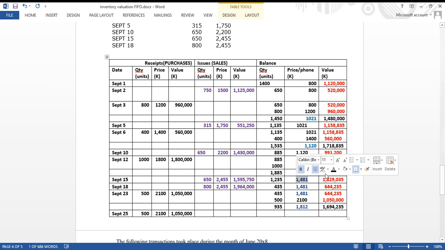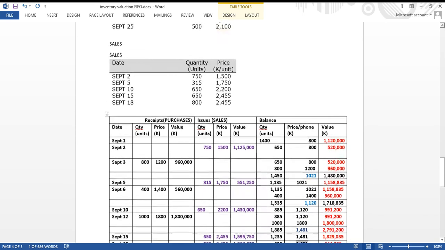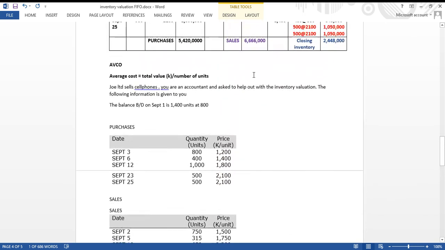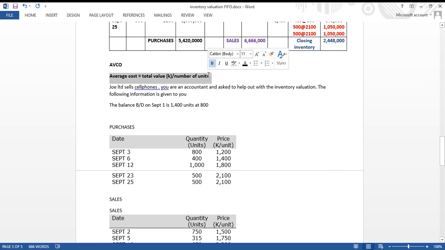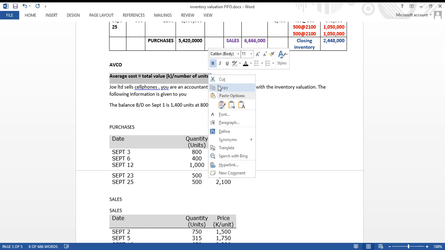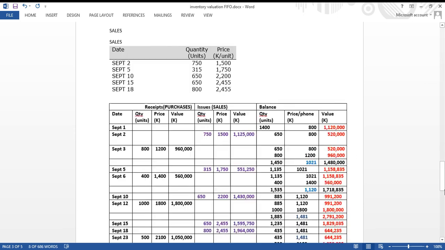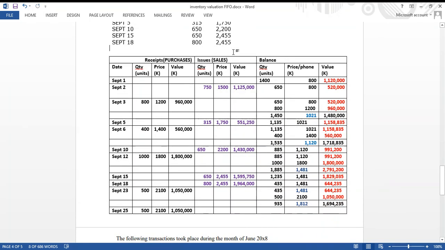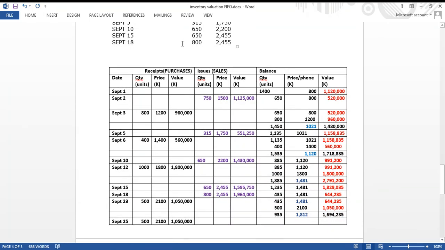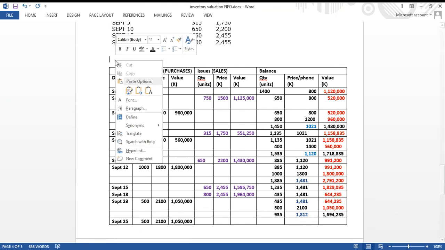So that when you're studying, at least you know that the ones in a special color have been calculated. All right. Just remember this formula here. Let me just put it on the side. Every time we purchase, we apply this formula.